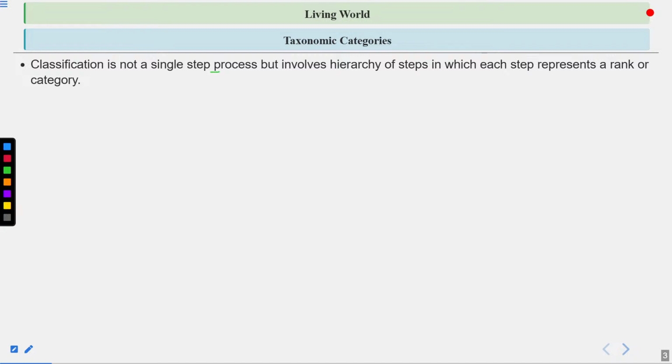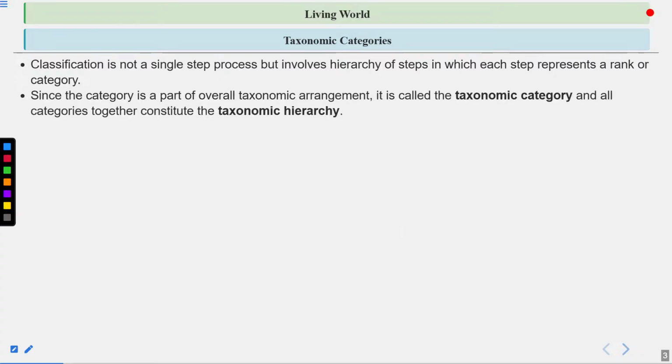So what do these categories represent? They represent a rank. Since the category is a part of the overall taxonomic arrangement, it is called the taxonomic category, and all categories together constitute the taxonomic hierarchy.